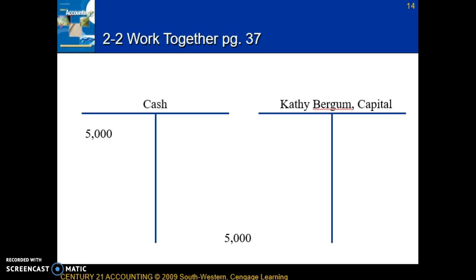Owner's equity is increased with a credit as well, so we will be putting in our credit for our capital account. Now, if you know cash is going to be a debit, your debits and credits must equal, so the other account must be a credit. However, don't rely too heavily on that, just so you understand how each account is affected in each transaction.